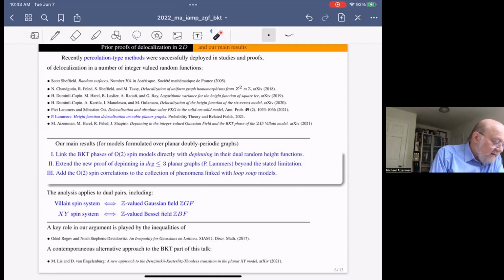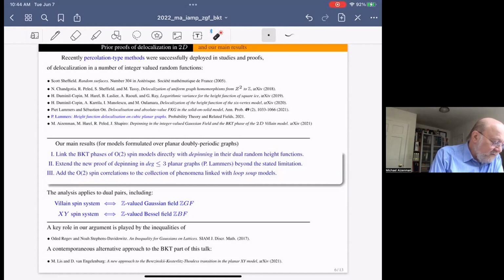And what I find particularly interesting, and actually resonating with work of some people in the audience here, is that the link between the depinning and slow decay of correlations is actually placing the O2 spin model within the class of systems for which the spin correlations are actually loop-soup amplitudes. I will explain that.